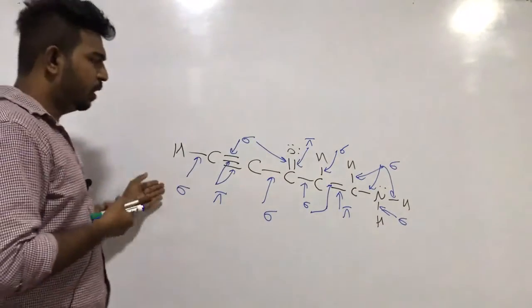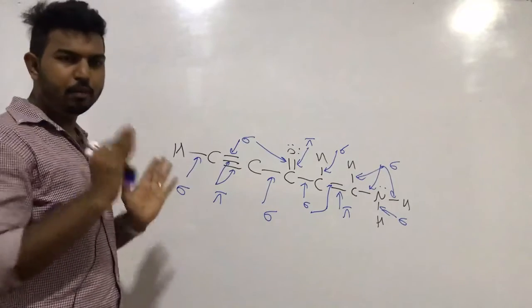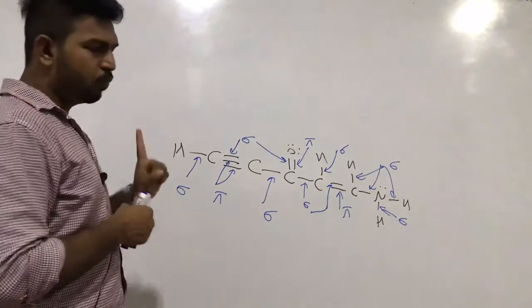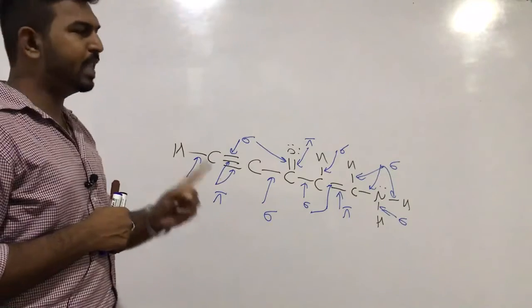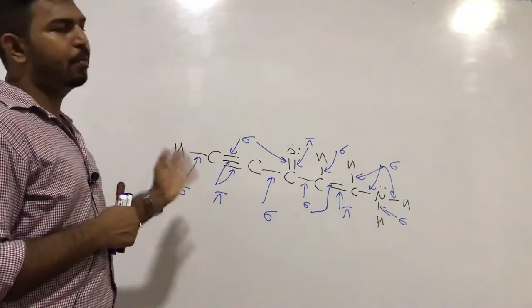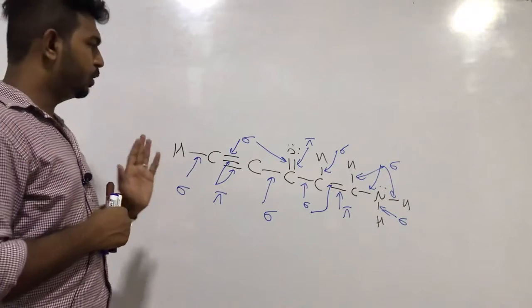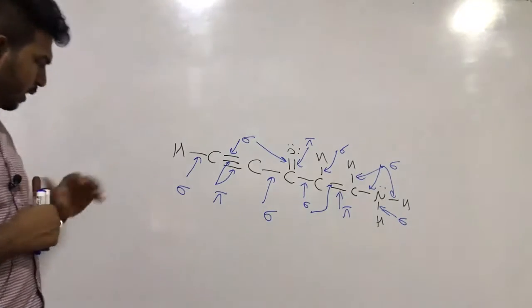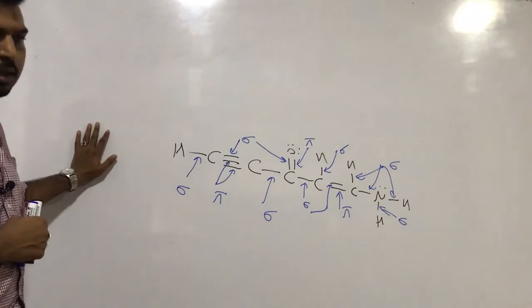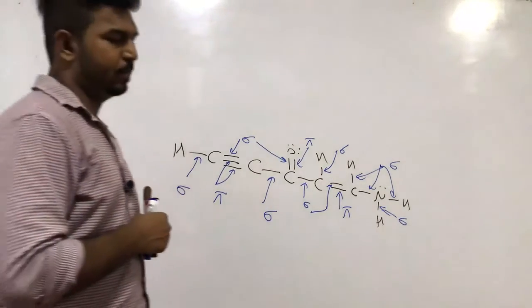If we have been given any molecule, if there is only one bond, then it should be a sigma bond, and if it contains more than one bond, those are pi bonds. Then those are pi bonds.